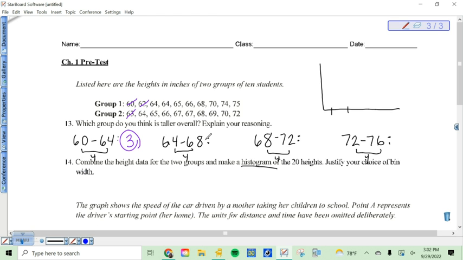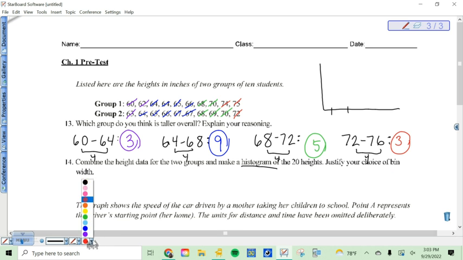How many do I got? 1, 2, 3, 4, 5, 6, 7, 8, 9. 68 to 72. 1, 2, 3, 4, and 5. And 72 to 76. Good. 1, 2, and 3.